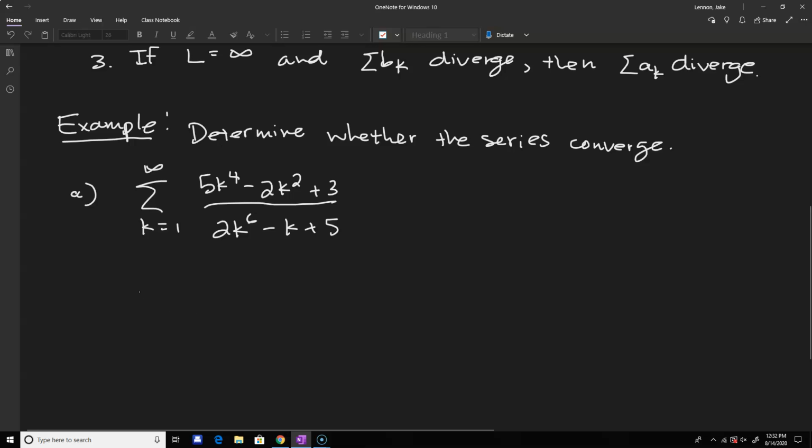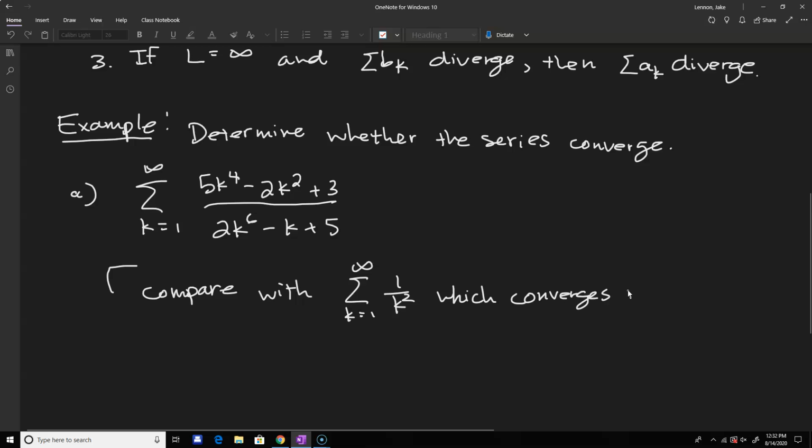So I would say let's compare with the series, let's say, k equals 1 to infinity of 1 over k squared, which converges by the p-series test. So we know it converges, and our hope is that this limit will approach some finite number.